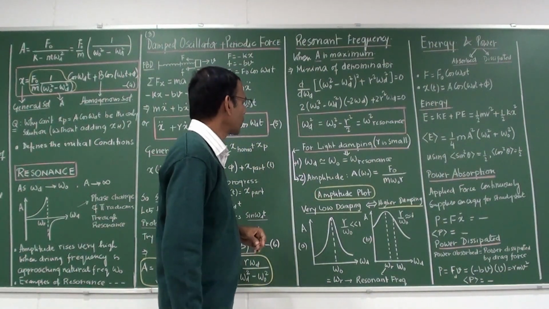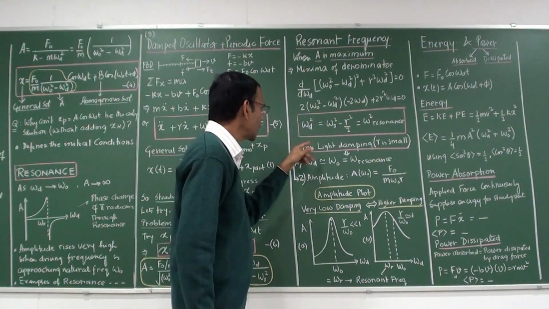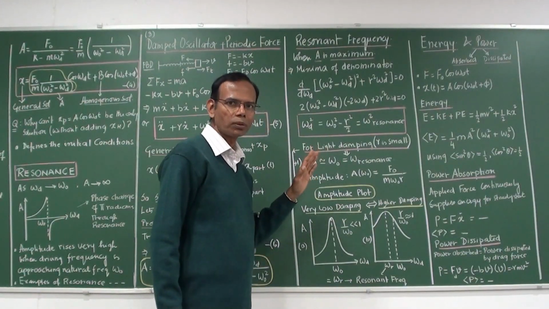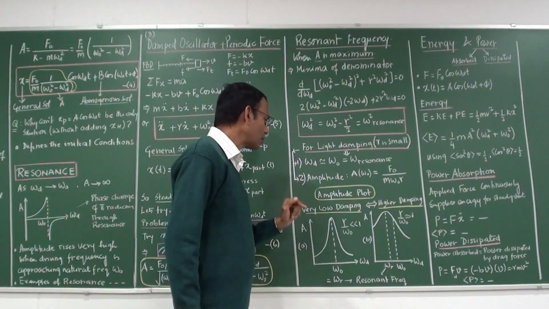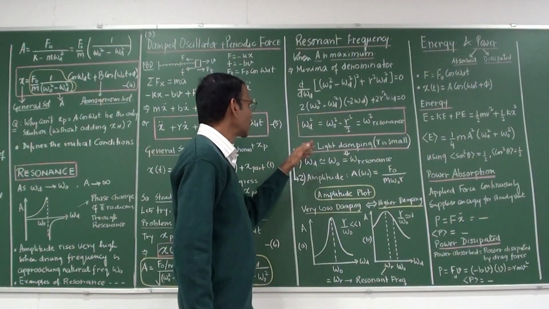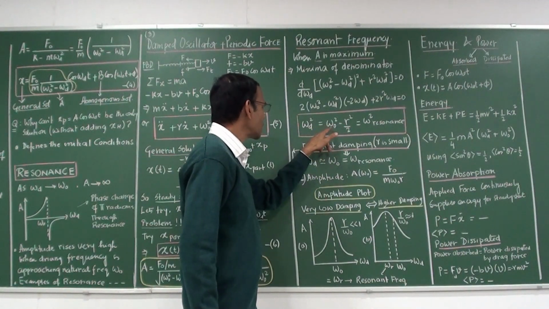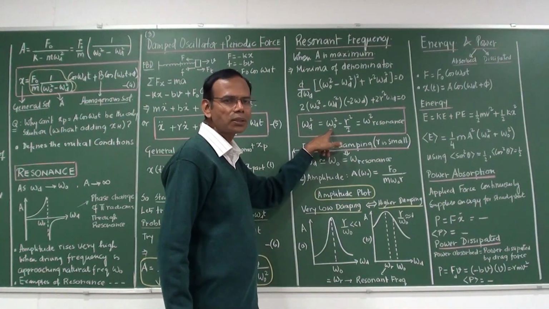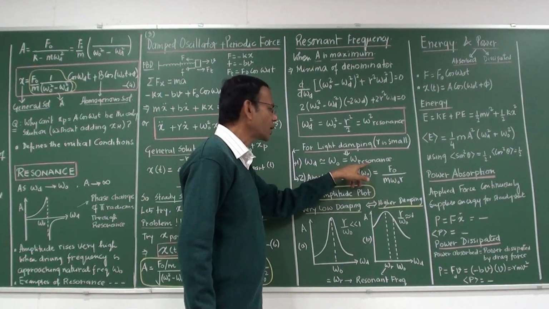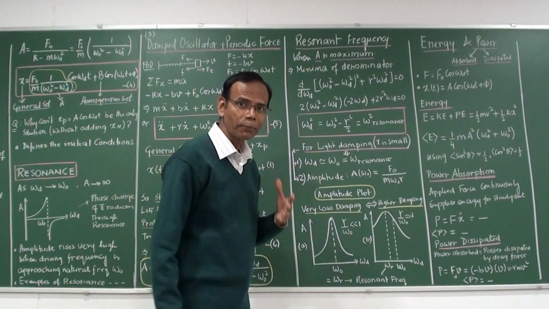Before we go to the graph, let me discuss the light damping case, that means when gamma is very small. Again, gamma small means gamma by omega 0 is much less than 1. At that time, omega d is approximately equal to omega 0, that is, the resonance frequency. Now what will be the amplitude?